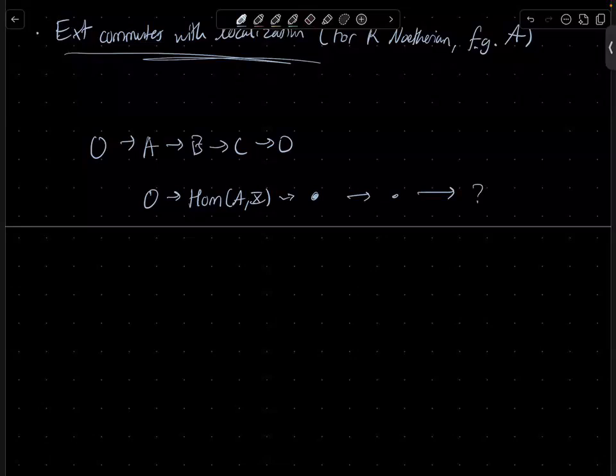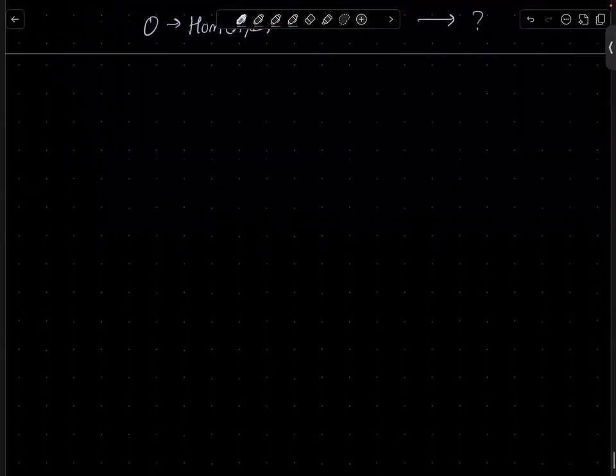Yes, there is, and this is expressed by these two long exact sequences that you get for Ext. So, long exact sequences for Ext.